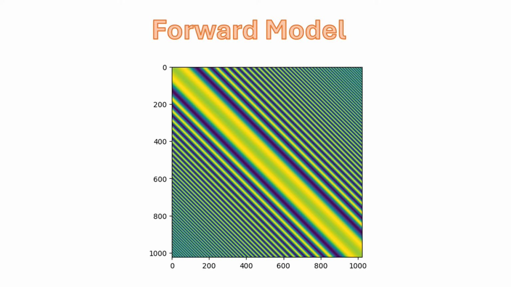What we see on the columns here is the output for various inputs, and here we assumed even though the input space is 200 wavelengths across, we're going to model it with 1024 impulse positions.